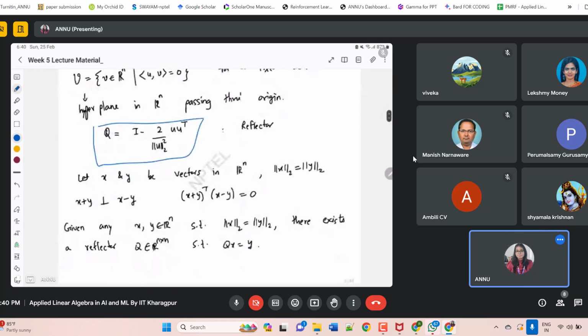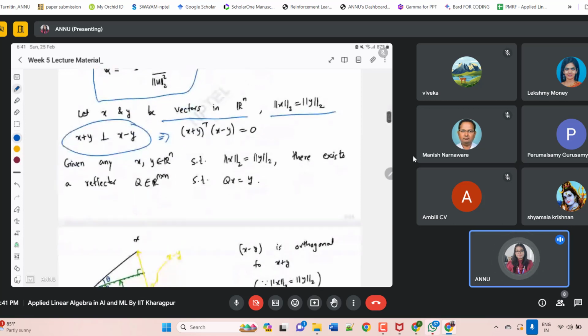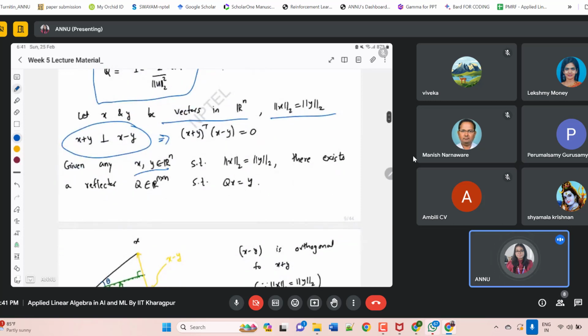Now let's say x and y are vectors in R power n with mod of x and mod of y equal. Then we saw x plus y is perpendicular to x minus y. This means that given any vectors x and y such that this holds, there exists a reflector such that Qx equals y, as we saw in the previous problem. We are yet to solve this problem.